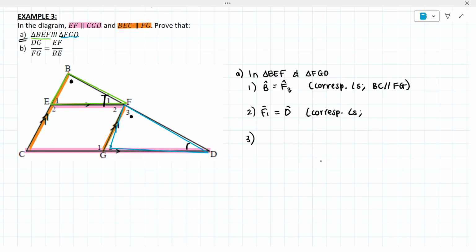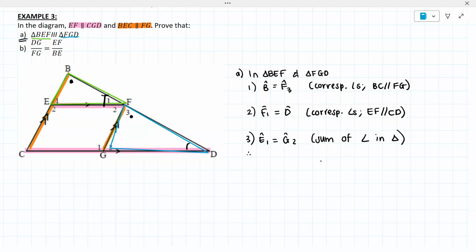But now we're using the pink parallel lines, EF parallel to CD. And remember, we spoke about this on Wednesday. The second you've got two of your three angles equal, it has to mean the third is equal. So E1 is equal to G2 because of sum of angles in triangle.